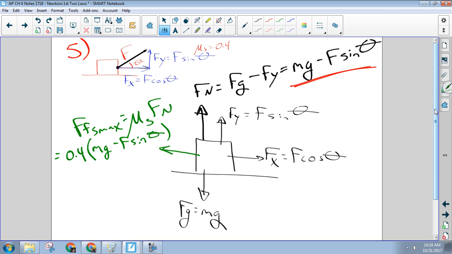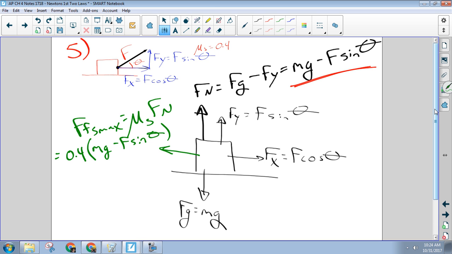All right, so the question wants to know what is the angle which gives us the minimum force? So I feel like the first thing I should do is come up with an equation that tells me how much force I'm going to need as a function of theta. Good?